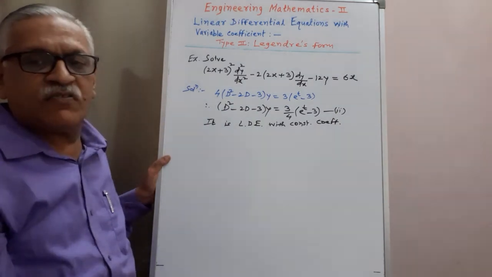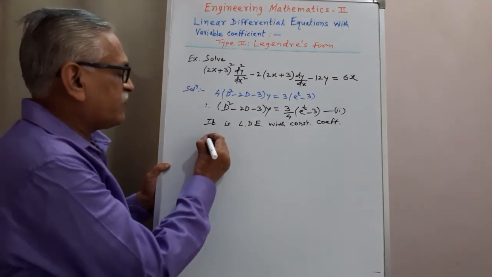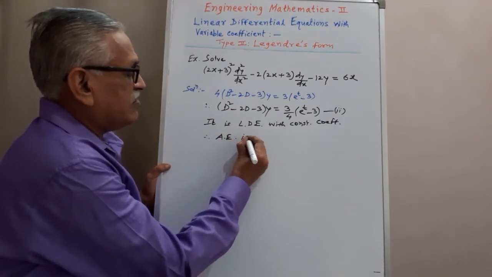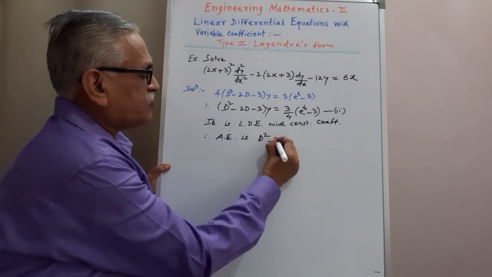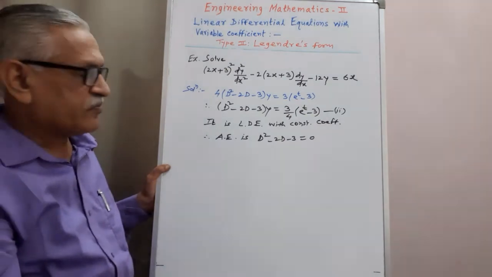And therefore, to solve it, we have to find the CF and PI. Therefore the auxiliary equation here is D² − 2D − 3 = 0.